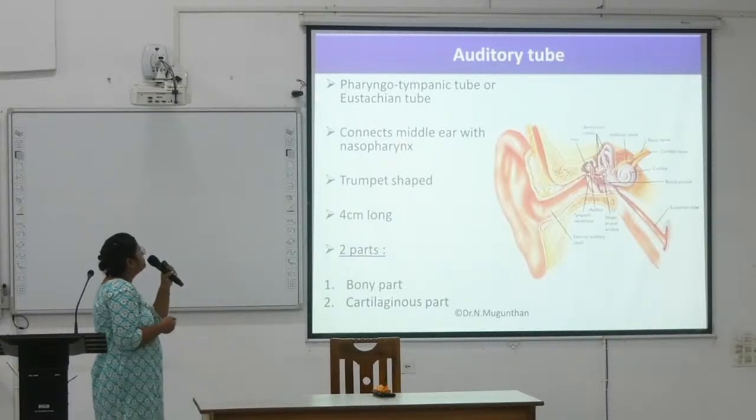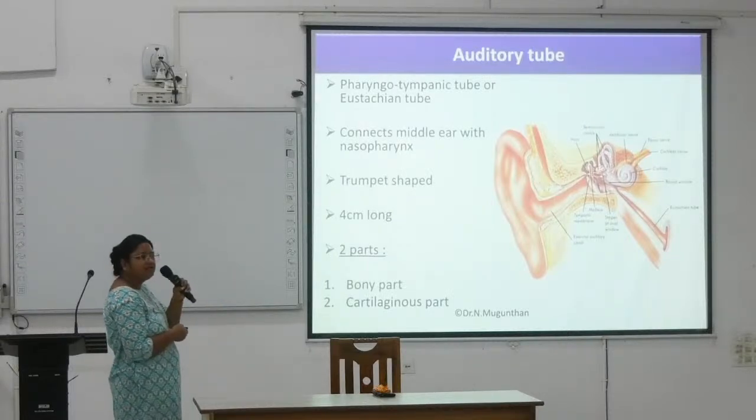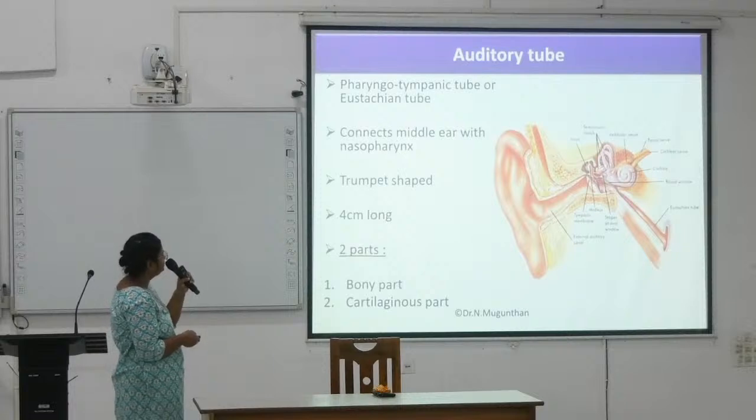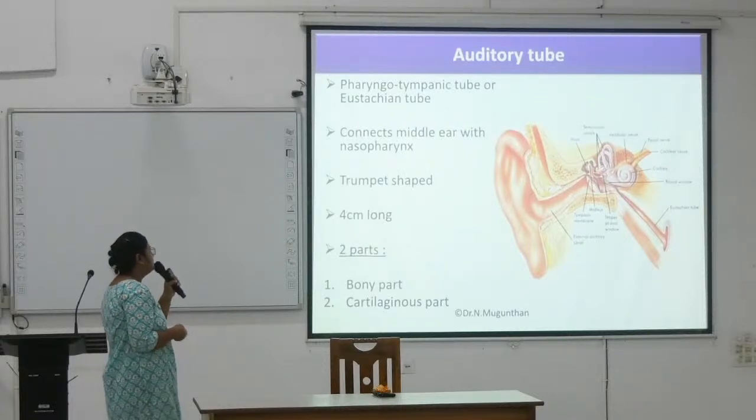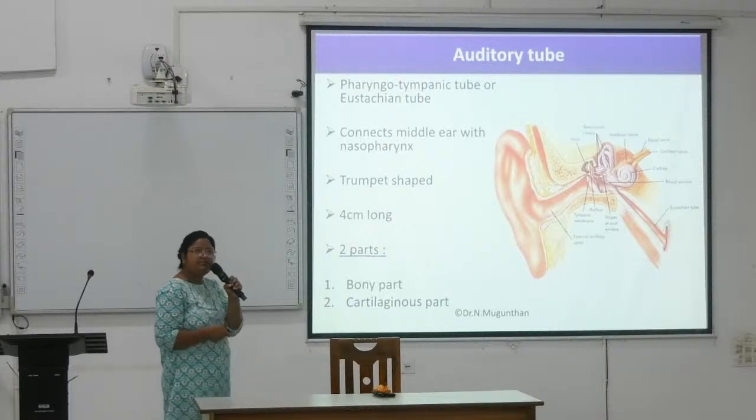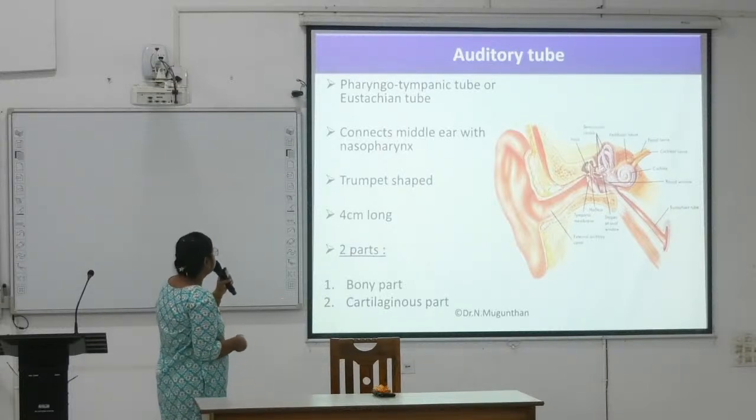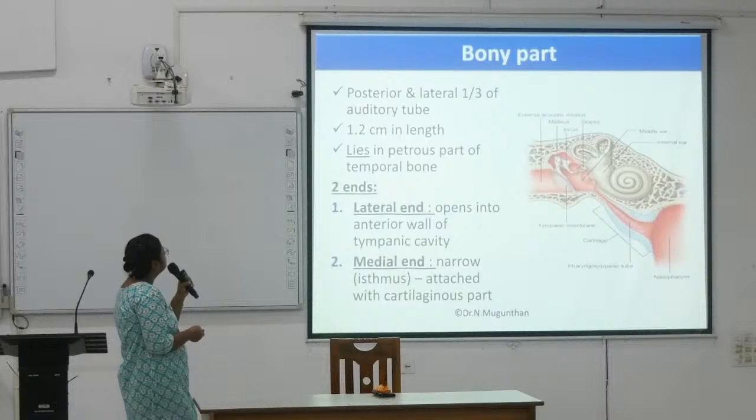It is also known as the pharyngotympanic tube or eustachian tube, connecting the middle ear with the nasopharynx. It is trumpet shaped, 4 centimeter or 36 millimeter in length, with two parts, bony part and cartilaginous part.